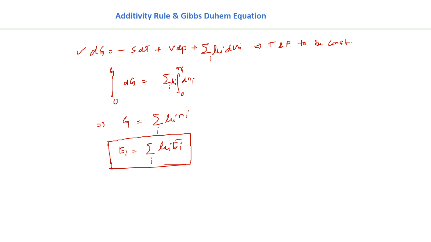Now we are using this additivity rule in order to derive the Gibbs-Duhem equation.